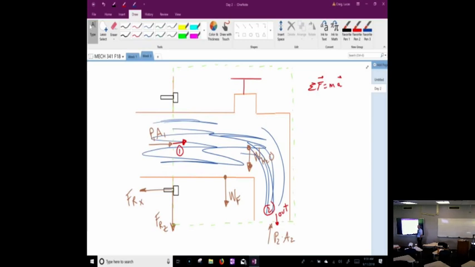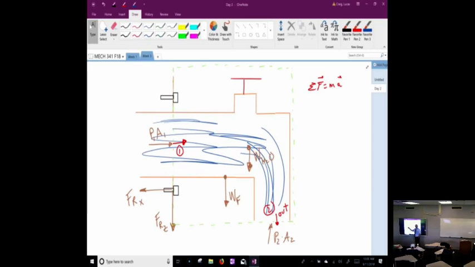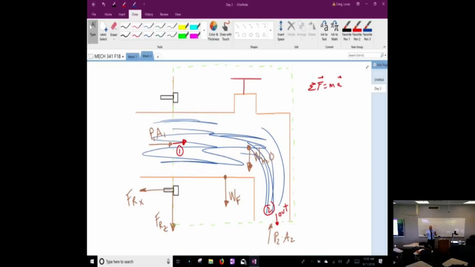Zero. That's how we get rid of it. So anytime you do these, always use gauge pressure. And anytime it's atmospheric, it's zero. It doesn't matter for these, if you scale the pressures, it doesn't matter. You can add or subtract anything to the pressures. You make it absolute or gauge, and it's fine.